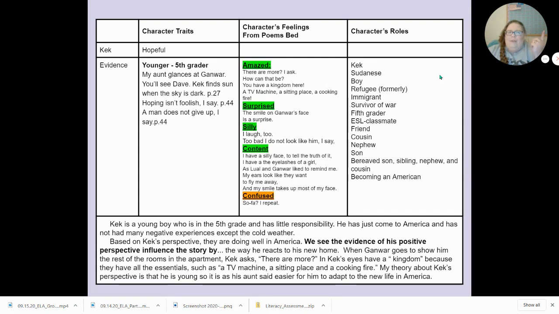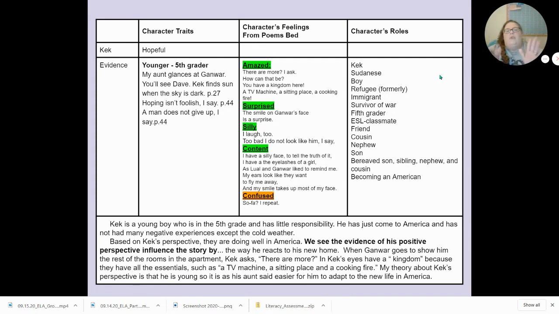Well, what does bereaved mean? It means that he's the one that survived while his father passed away, his sibling, Lual, passed away, his uncle, which makes him a nephew, his uncle, who was Ganwar's father, passed away, and his cousins, the two sisters of Ganwar, passed away.